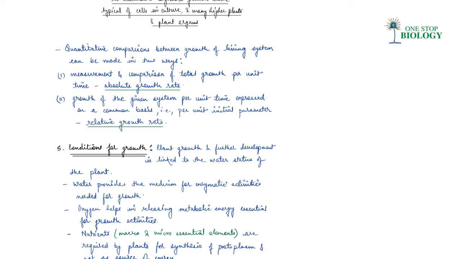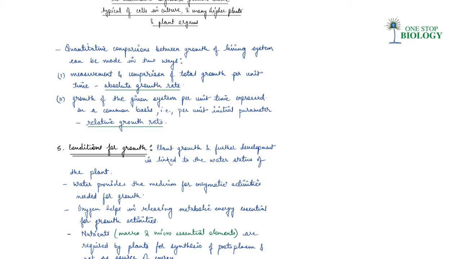Remember, guys, we can measure and compare the total growth per unit time, right? And this is known as the absolute growth rate. The other thing is growth of the given system per unit time, expressed on a common basis, right? This is known as relative growth rate, right?